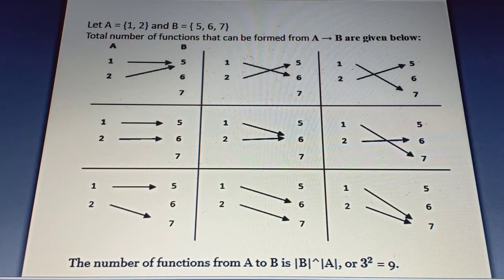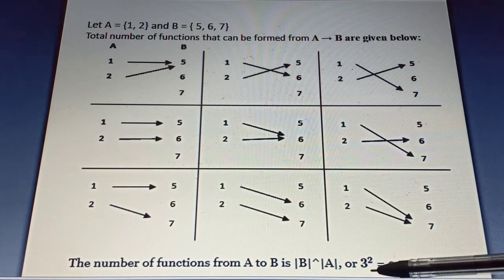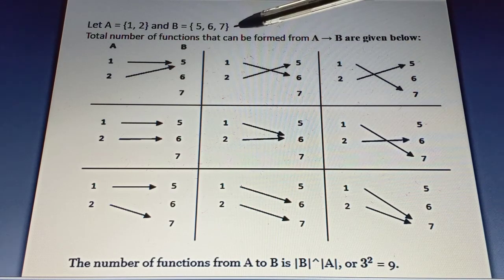So students, the number of elements in A is 2 and the number of elements in B is 3. So the total number of possible functions is 3 square. The number of elements in B is 3 and in A is 2. So if you do 3 square, we will get the number of possible functions from A to B.